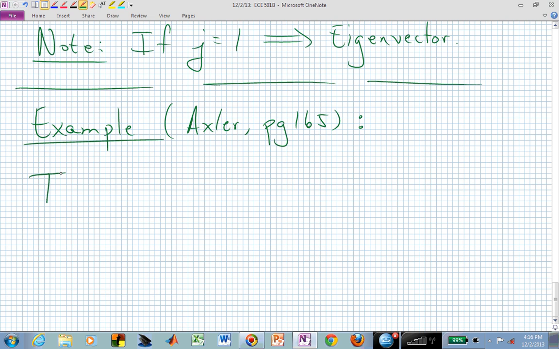They start in the textbook with this linear operator, T of (z sub 1, z sub 2, z sub 3). They say that if you operate on this three-dimensional vector with the linear operator T, you end up with (z sub 2, 0, z sub 3).